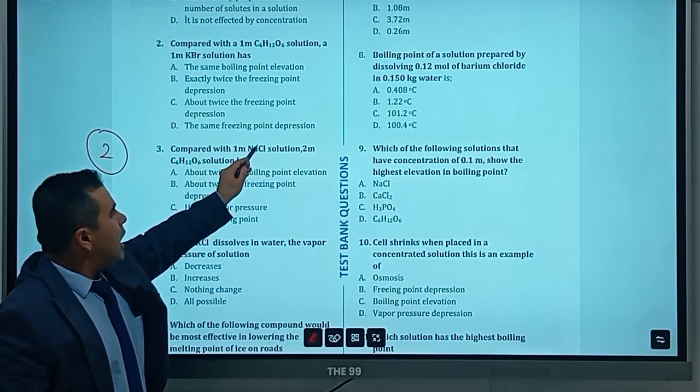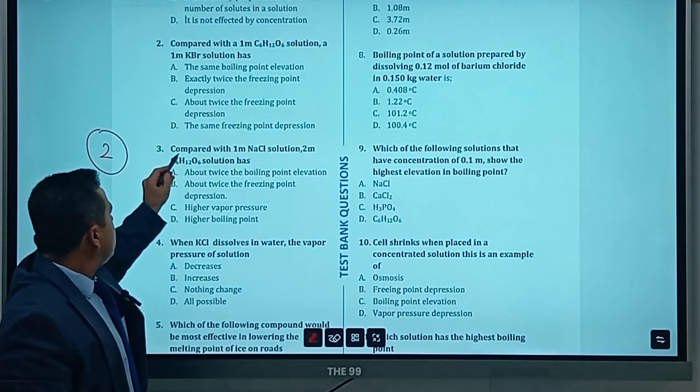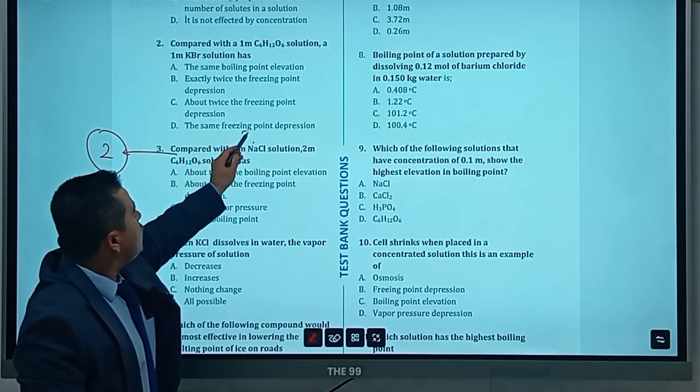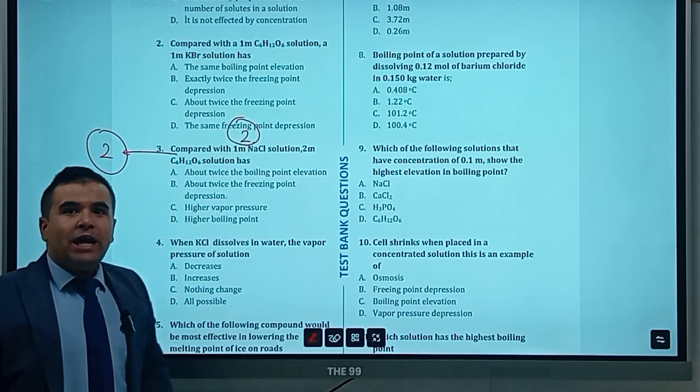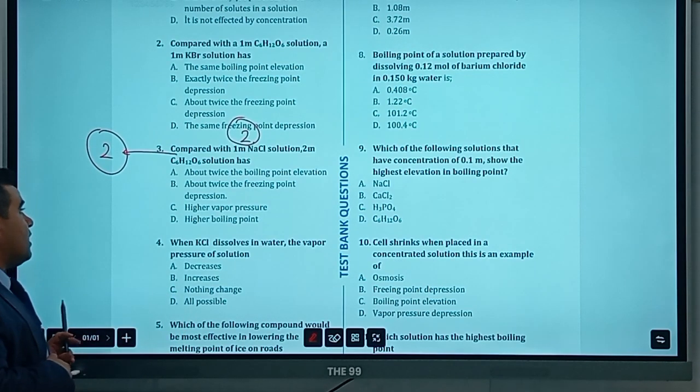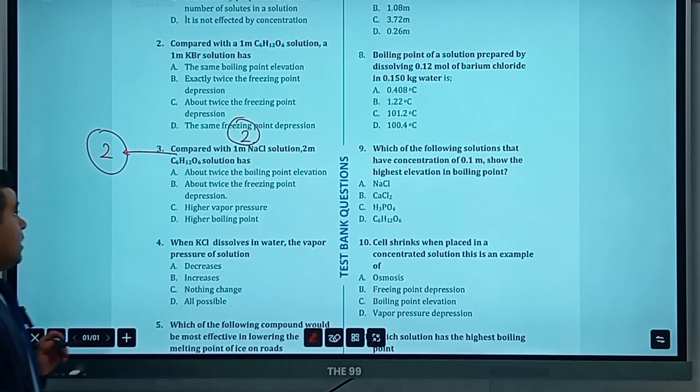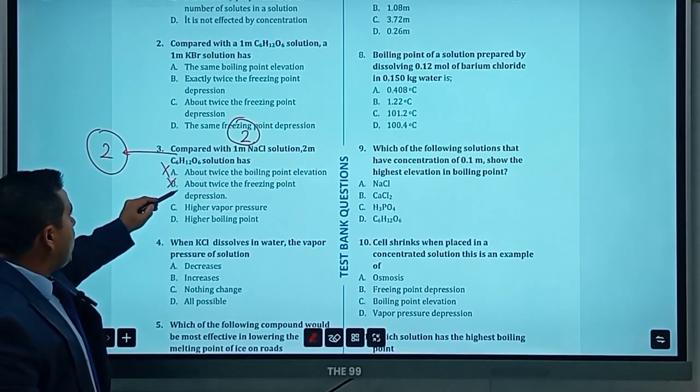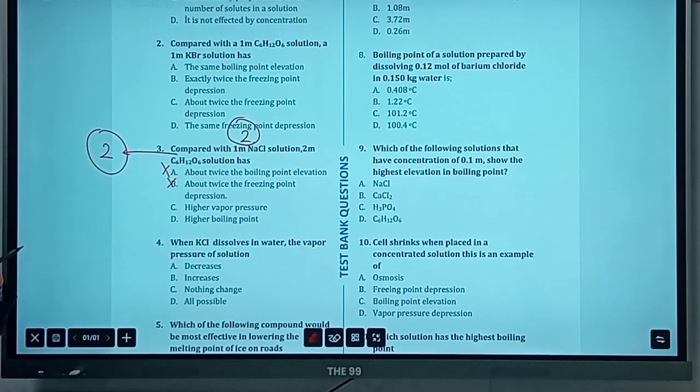And for NaCl, 1 molar multiplied by an ion factor of 2, you get 2 as well. So they have the same expected effects. That's why it's not about twice or something like that. Because the molarity of the sugar is 2, we multiply by its ion factor, and we get 2 for both.